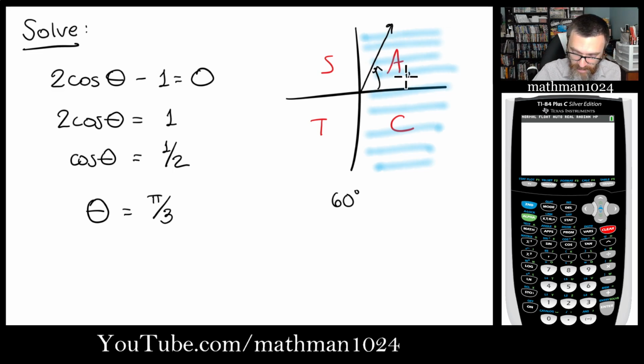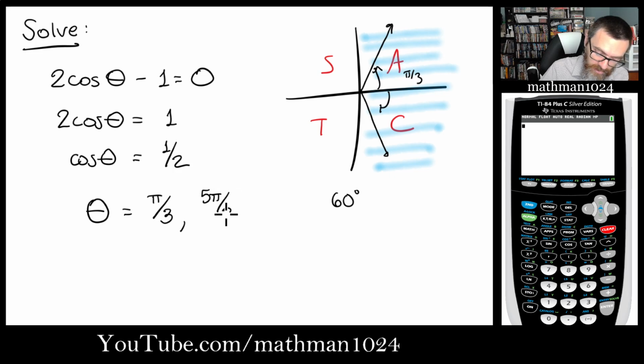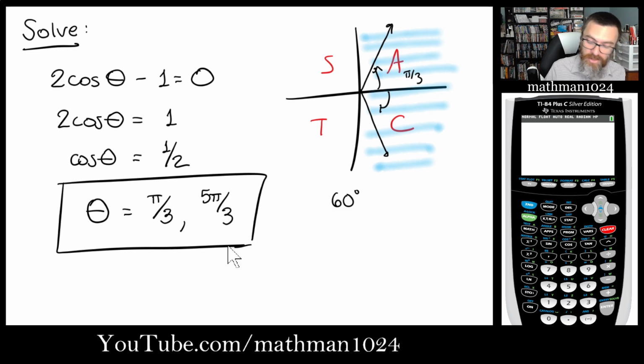So this would be pi over 3. But then you have one that mirrors it across the x-axis, where it'd be pi over 3 going backwards. We don't want to say negative pi over 3 because we're restricting ourselves between 0 and 2 pi. The other value is going to be 5 pi over 3. So when we're solving this over 0 to 2 pi, these are the only two solutions that we have.